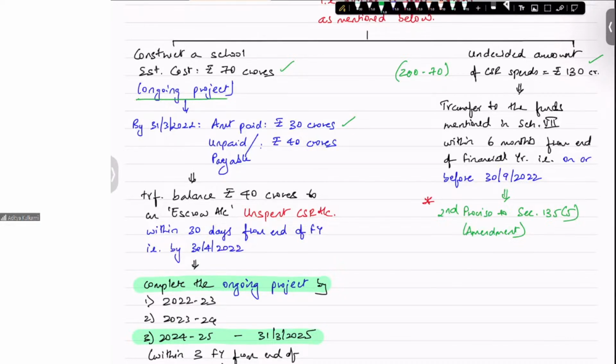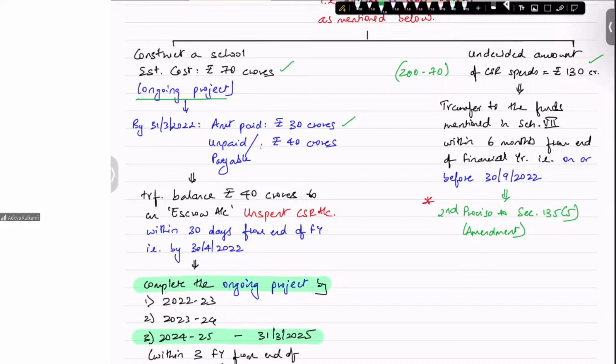So in this case, the unspent CSR account of 40 crore in our example has to be utilized only for the purposes of constructing the school. Likewise, you could have a hospital, or something else, whatever it is, money that is set aside for an ongoing project. So you deposit 40 crore in this unspent CSR account.